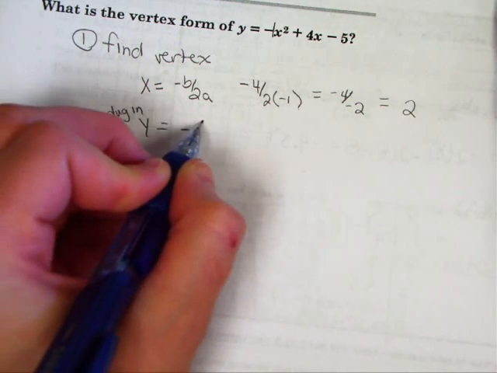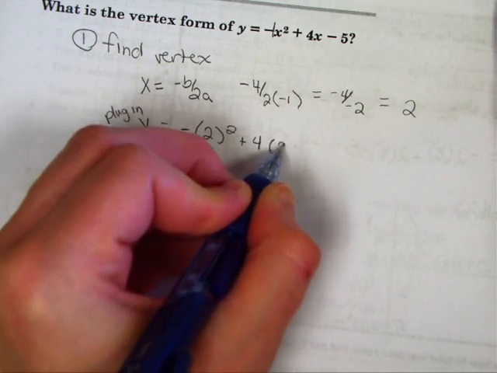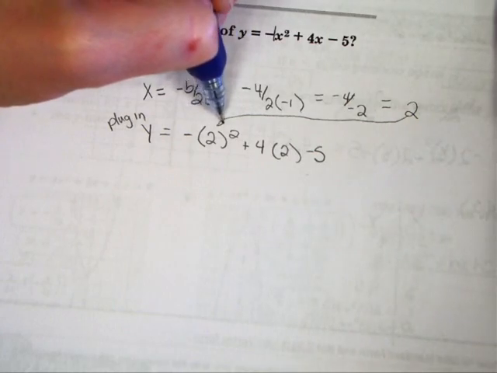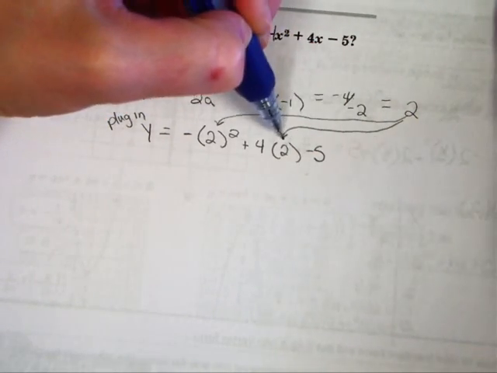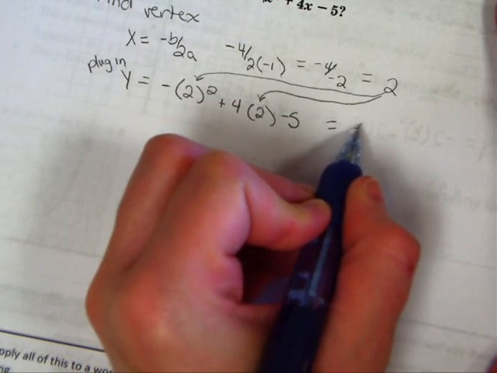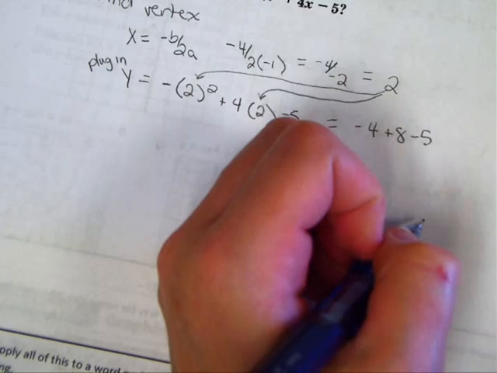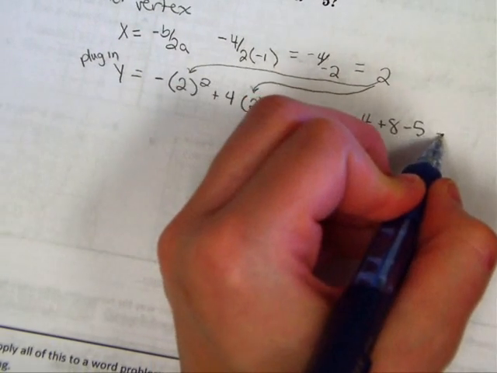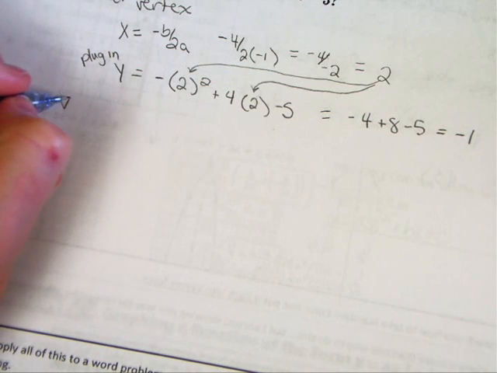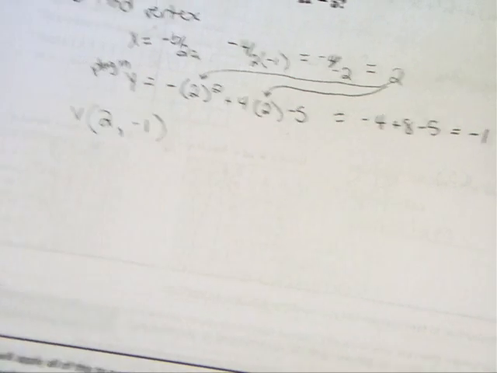So we'll do negative times the 2 squared plus 4 times the 2 minus the 5. And that's going to give us a negative 4 plus 8 minus 5, which makes a minus 1. You finally found your vertex at 2, negative 1.